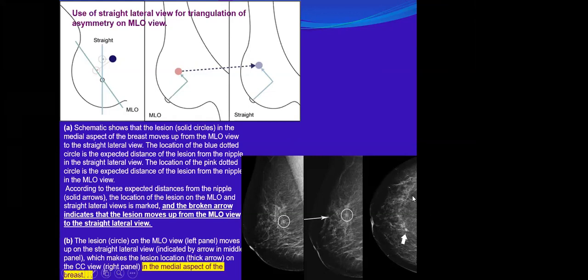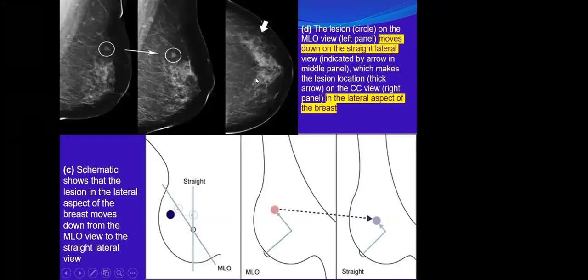So that means it is on the medial aspect. This is the lesion on the MLO, and on the straight lateral it is going up, so the lesion is found to be on the medial aspect. While here, this is the lesion on the MLO, and on the straight lateral it is going down.